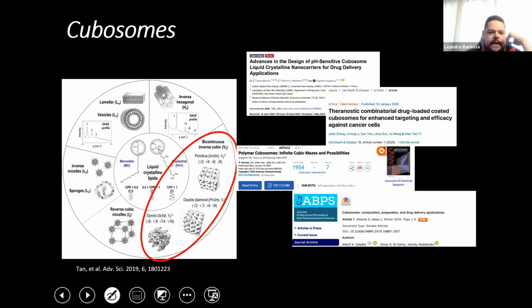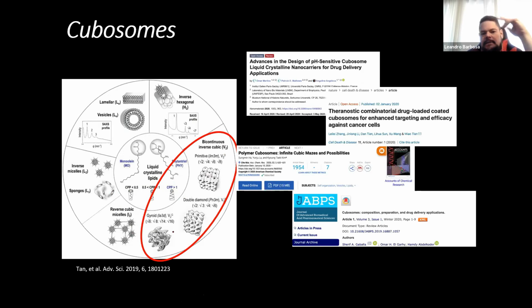Here on the left side, we have what we call the lipid polymorphism. Depending on the geometry of your amphiphilic molecule, you may have different kinds of structures, such as the cubic one that we are talking about today, but even hexagonal ones or lamellar vesicles, as I just showed to you in the previous slide, in the previous example.